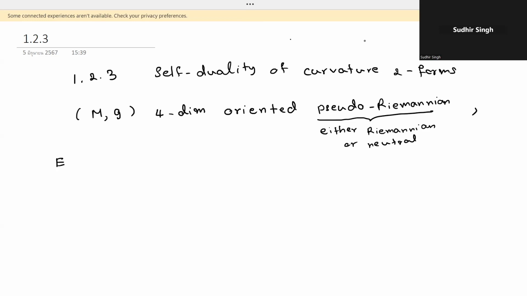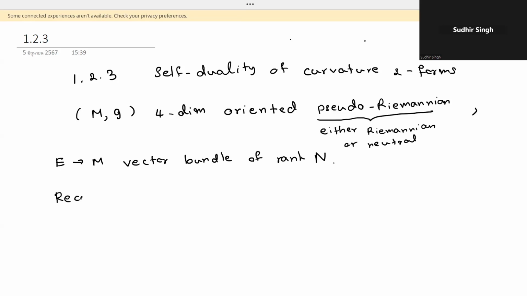But now we also have a vector bundle over M of rank n.